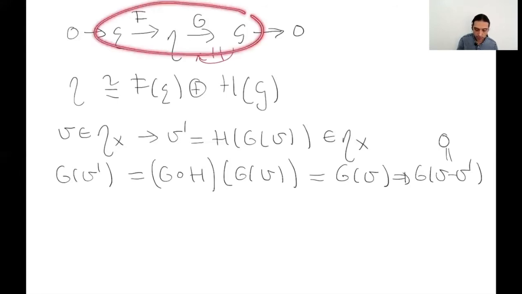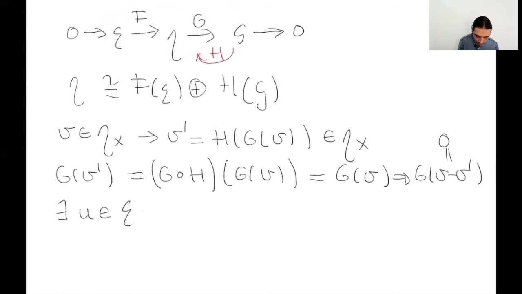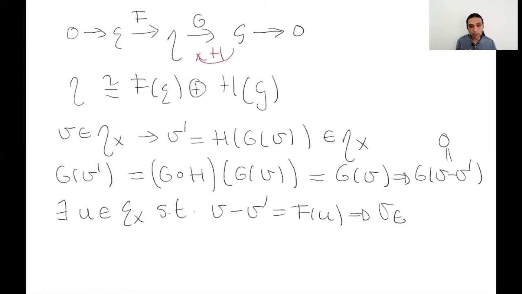Now, since this sequence is exact, there exists a vector u in psi of x such that the difference between b and b prime is equal to the image of u by F. And there we have that b prime belongs to the image of H. So b belongs to the sum of the image of H plus the image of F, right?